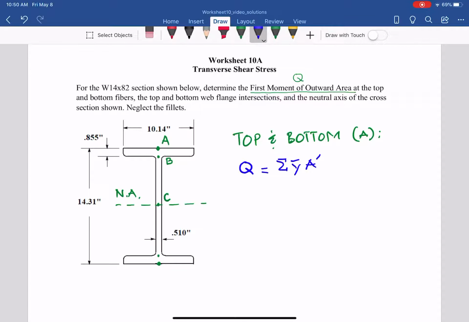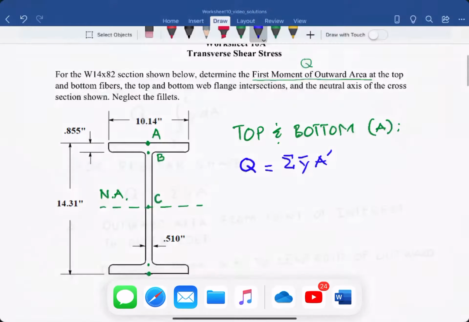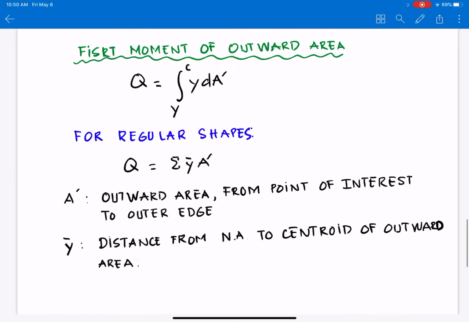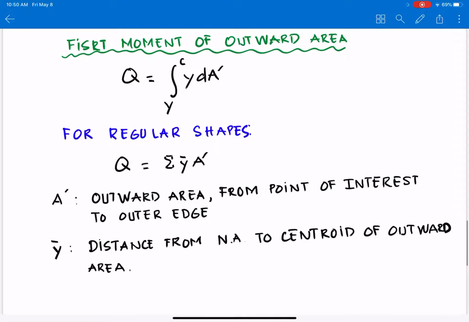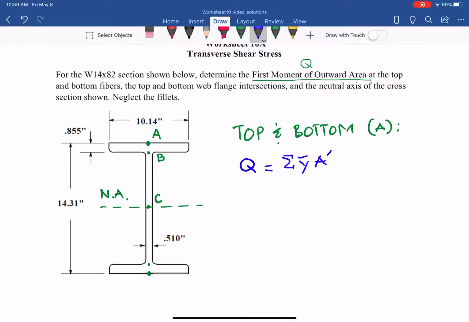That's what we learned. By definition in our class, the A apostrophe is the outward area from the point of interest to the outer edge. With that definition, you see point A is the point of interest, and the outer edge is also A, because that is the point already at the top fiber.